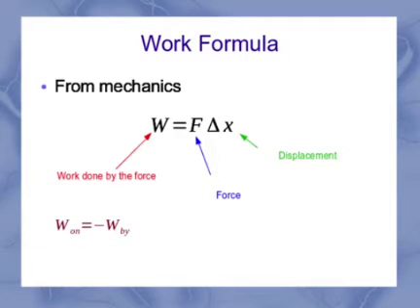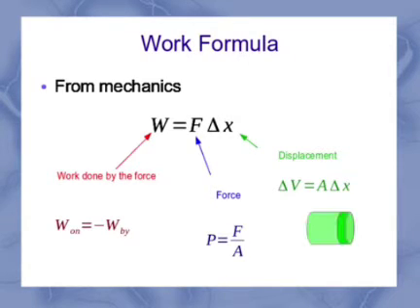What we really want is the work done on the gas, which is always the negative of the work done by the gas, the work done by the force. And in particular, force expressed for a gas is the force per area, which is the pressure. So if you know the pressure and the area, you've got the force. Similarly, for a gas, we can express the volume in terms of the area and that horizontal distance. Now, this is easier to see if I draw you a little cylinder here.